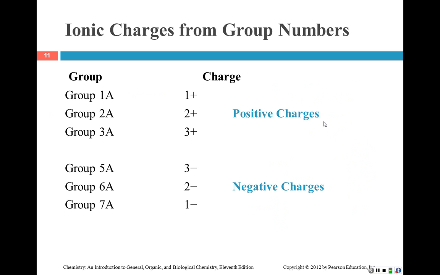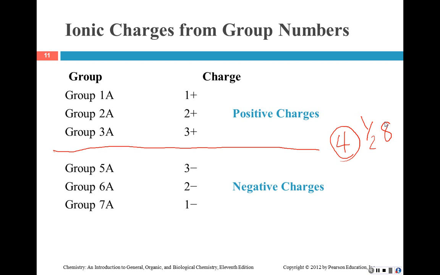So ionic charges we get from the group numbers. So remember, 1A, 2A, 3A, you get +1, +2, +3. Then you skip 4A, and if you remember why we do that, 4A has exactly 4, which is exactly 1/2 of 8. All right, and so with 1/2 of 8, it really is the same whether you would give up or take away.